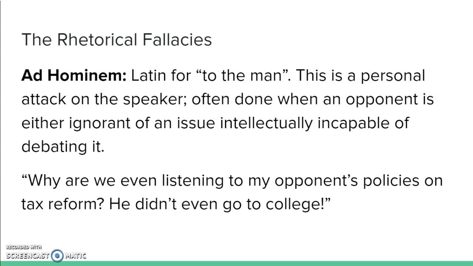So let's pretend that I'm running for Senate, and my opponent wants to lower taxes for small businesses. And we get on the debate stage, and they lay out their tax plan about how they're going to reduce small business taxes and how that will be beneficial, how it'll help the economy, and they lay it all out. They provide evidence for why their plan would work.